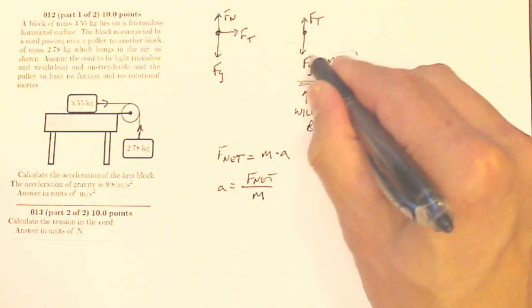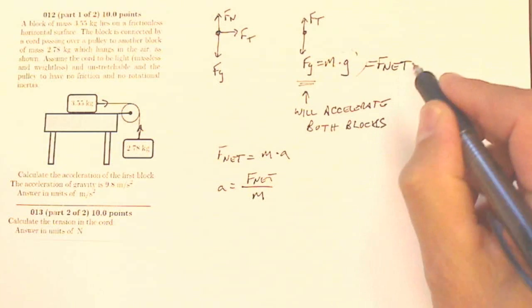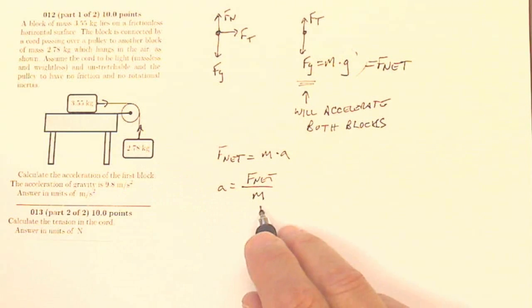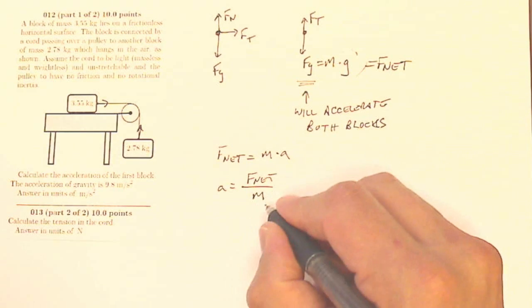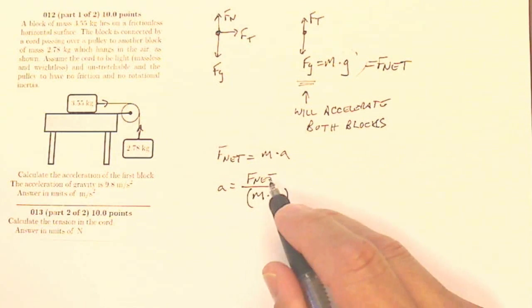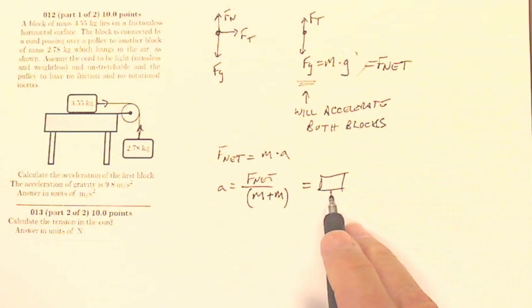Well, this Fg is my net force, because that's the only external unbalanced force. And the mass is not the mass of one block, it's going to be the mass of both blocks. So I could write m plus m here. It's my total mass. All the blocks are being accelerated by that one net force. So now I know the acceleration of the block.